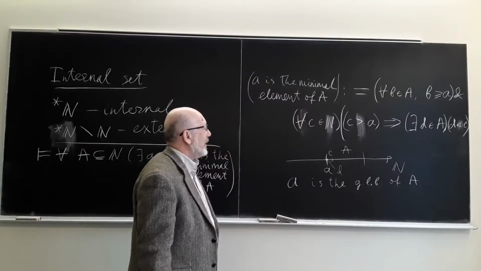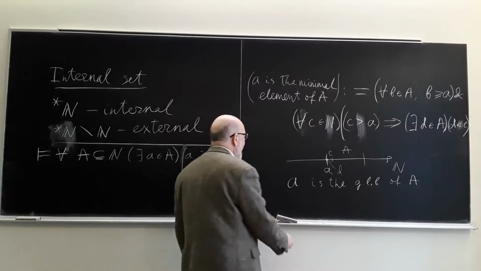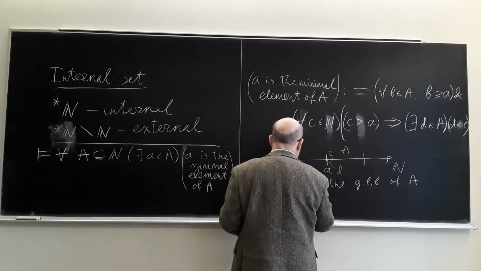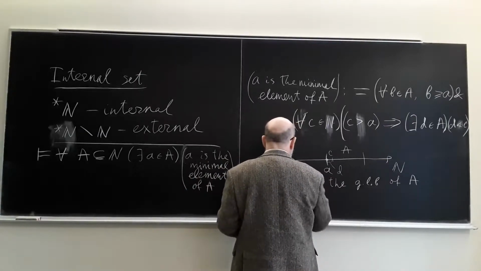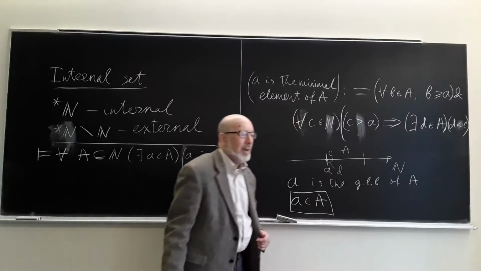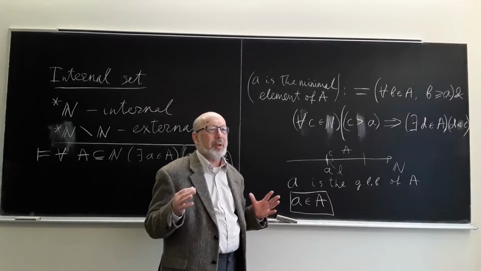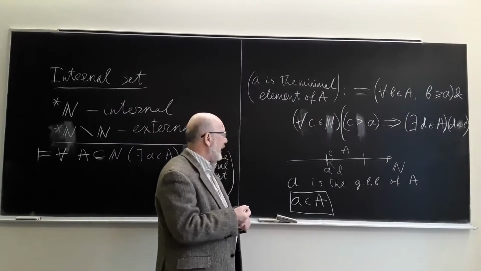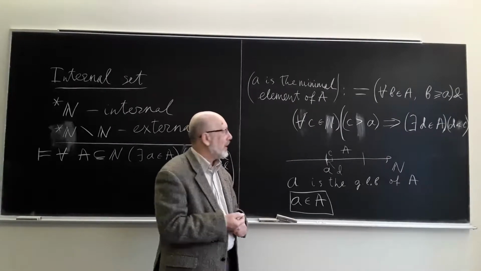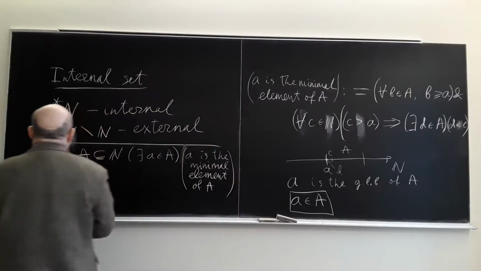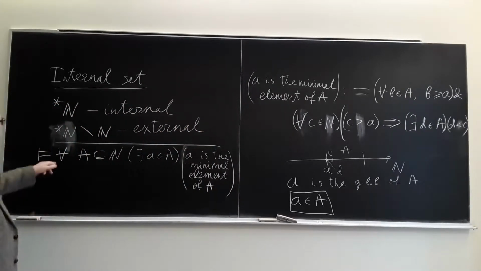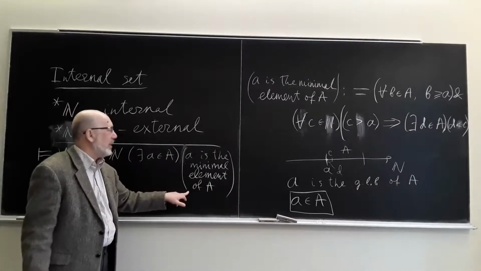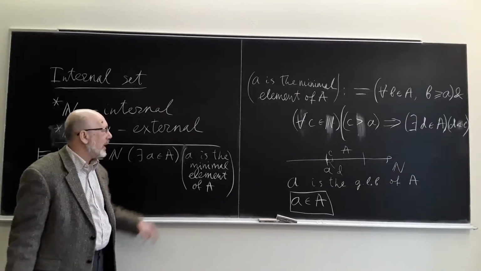And the main principle, such a exists universally, and a is an element of A. So a set A capital, which was an arbitrary subset of natural numbers, has a minimal element. So it is written here: for any A there exists a such that a is the minimal element of A capital. Yeah.